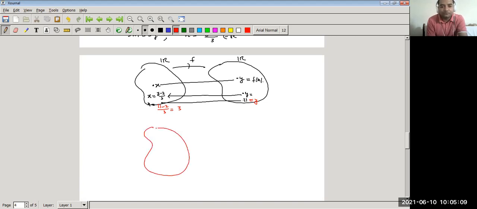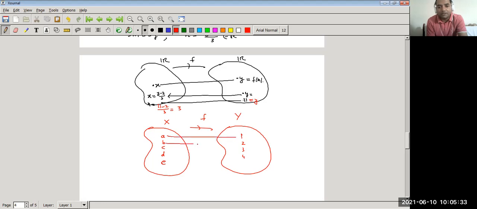Or in other words, we can say if x is domain and y is codomain and f is a mapping from this, if a, b, c, d and e are 5 elements from the domain, and 1, 2, 3, 4 are the 4 elements in the codomain. So if a is associated to 1, b is associated to 2, c is associated to 3, d is also associated to 3, e is associated to 4.